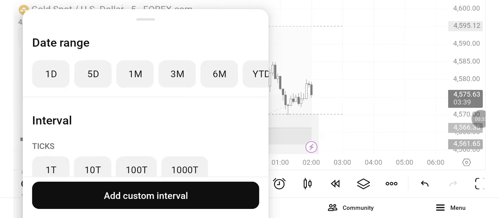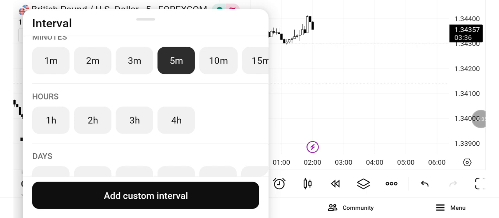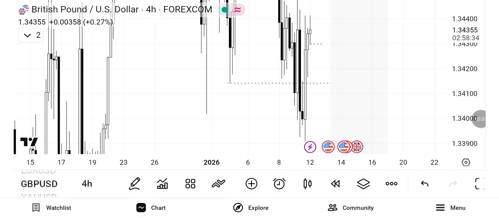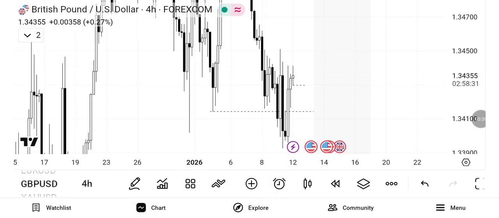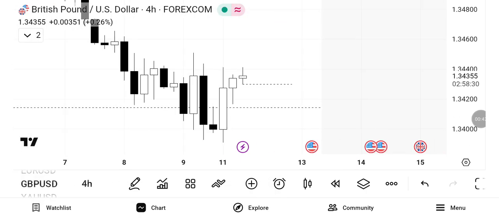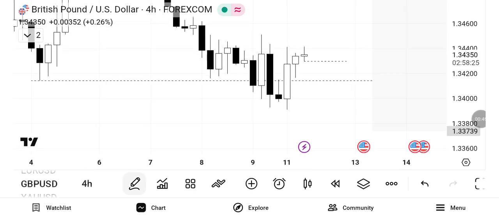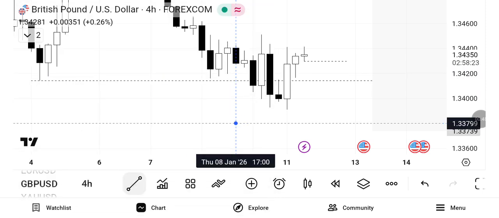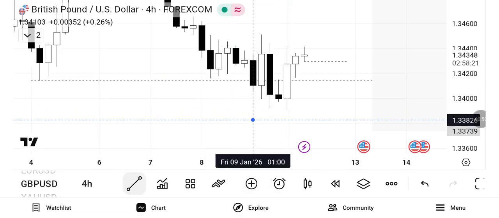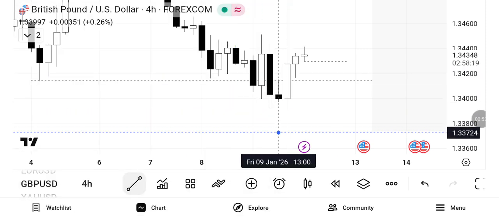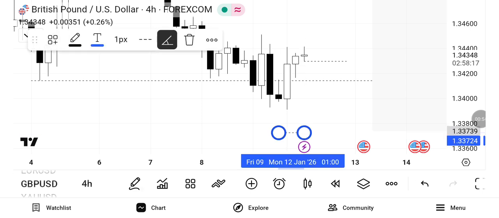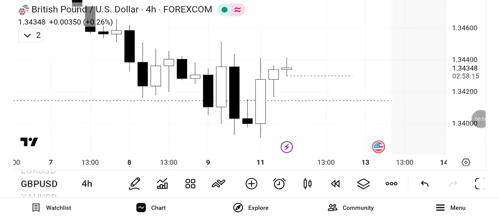So there is something I want to show you, but let me try to look for it on GBP USD, right? So if you had marked... no, let me look for it in another way.